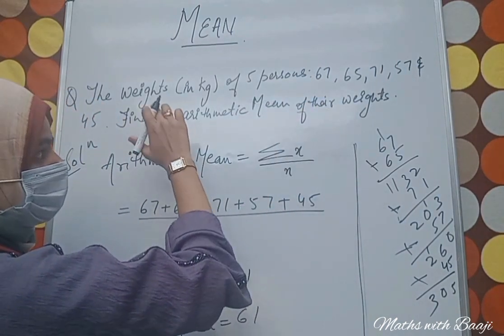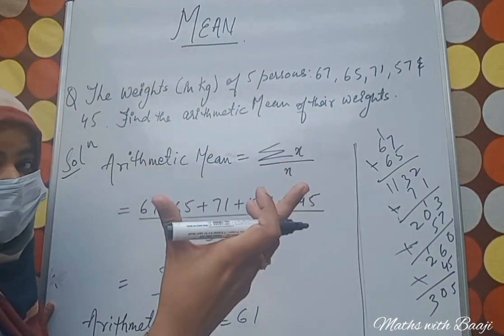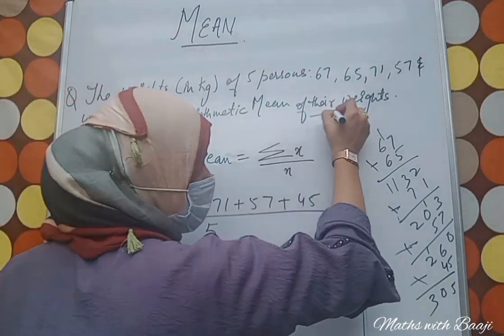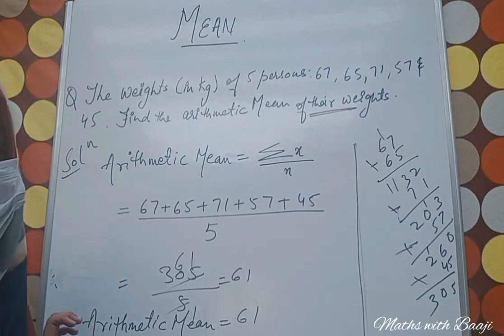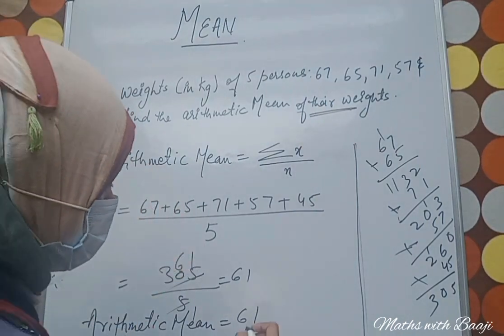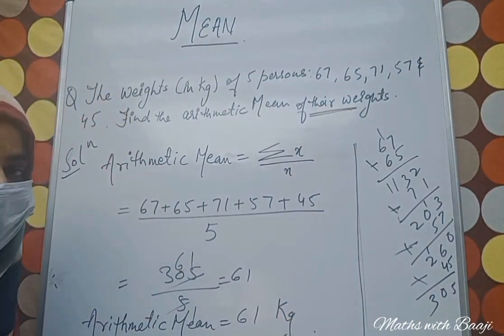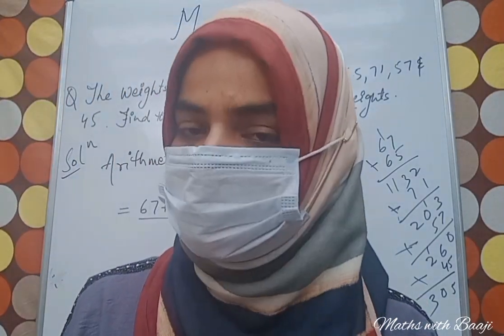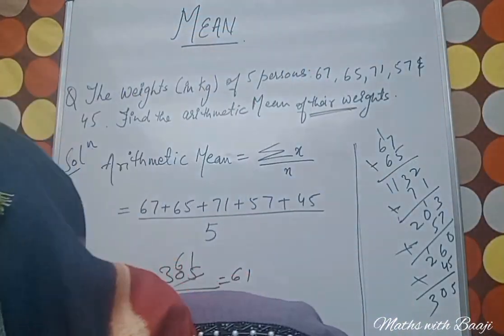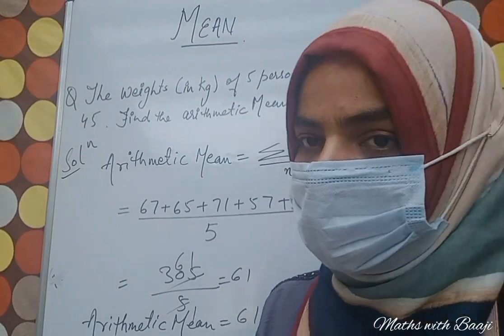It was said to find the arithmetic mean of their weight. So here we will put a unit for weight, that is kg. If there had not been any specific unit, we would not have written it by ourselves.